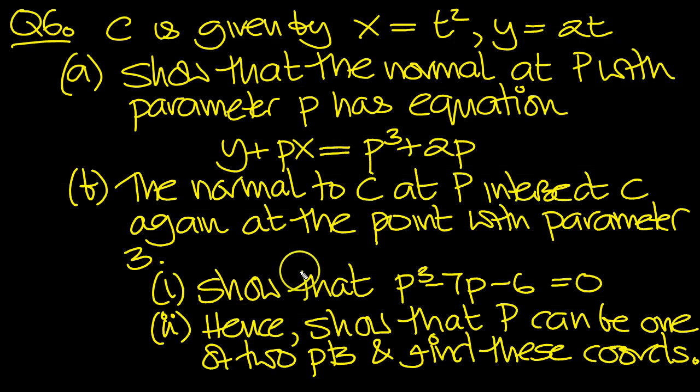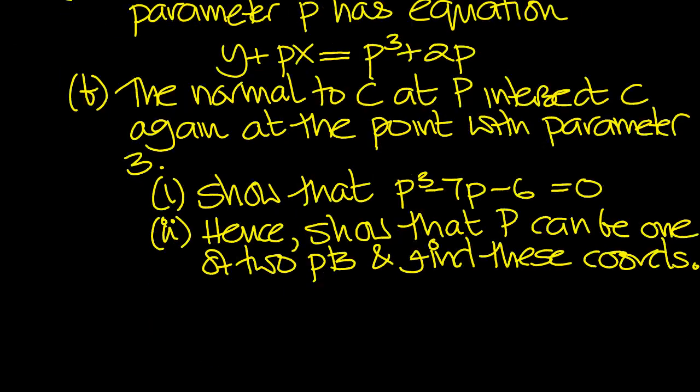So I've got the question here. Here's the curve then in parametric form. Normal at P with parameter p has this equation first of all. So x equals t squared, y equals 2t.